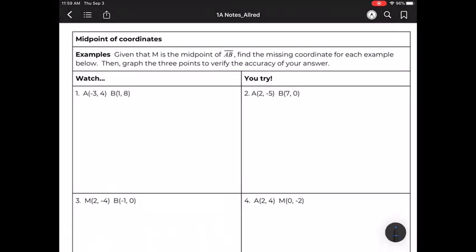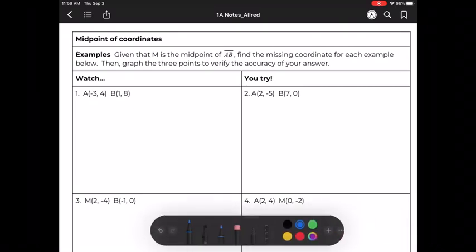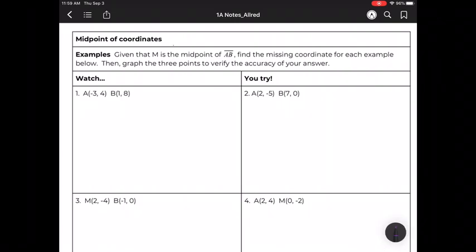As we look at midpoints of coordinates in the coordinate plane, we actually have a formula we're going to use. Now, when I just had an x-axis, just one number line, it was the average of those x coordinates. But in the coordinate plane, we also have x and y values. So if I've got two points, like in the example down here, where they both have an x and a y, remember we have an x1 and a y1, and an x2 and a y2 like we did for our distance lesson.